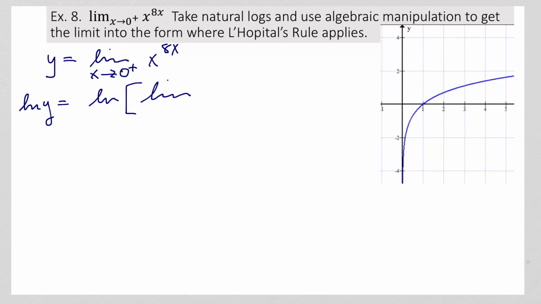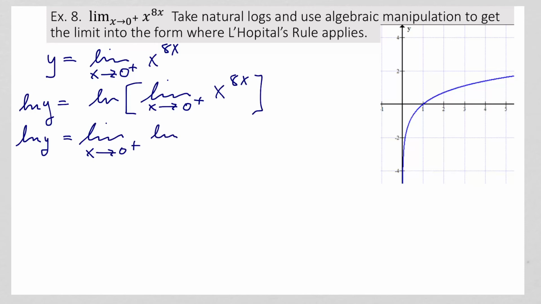Everything goes inside those brackets there. And now, according to the laws of limits, I can take that limit outside and call this ln of x to the 8x. So the limit and the natural log are able to switch places.